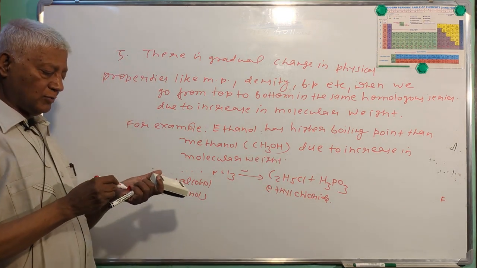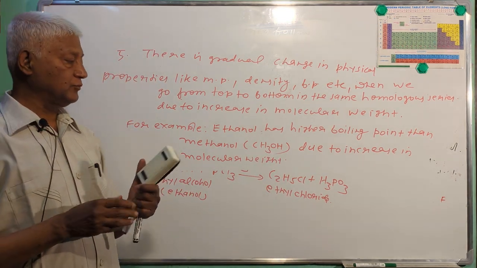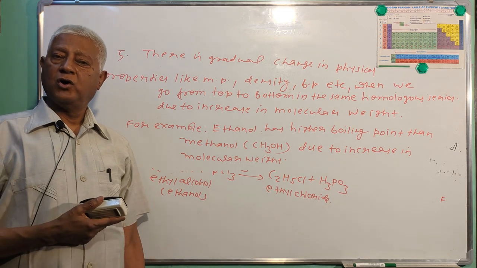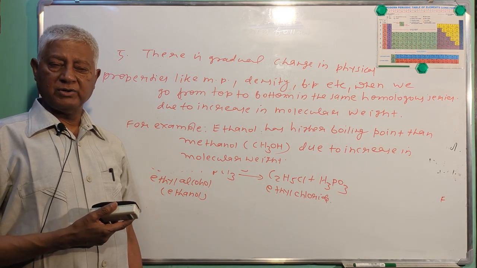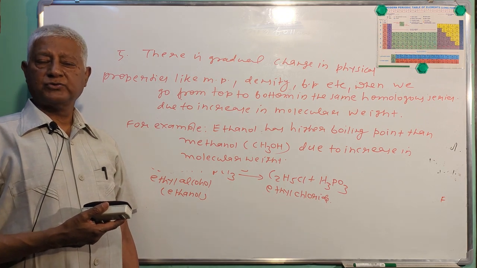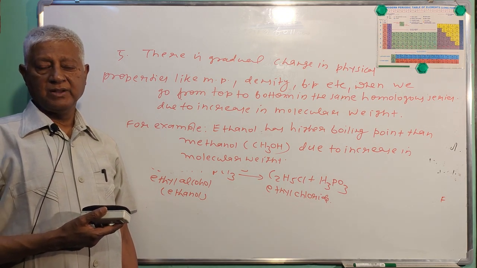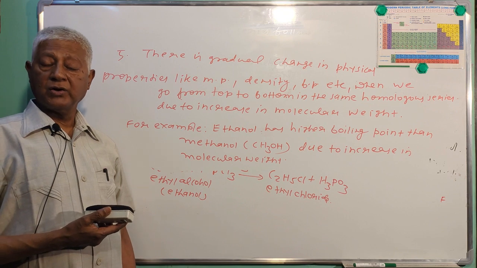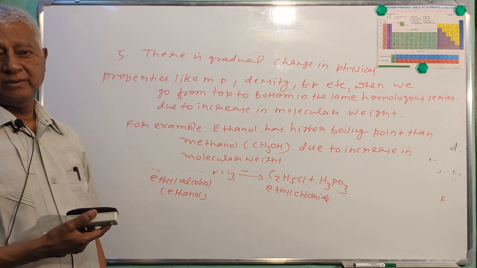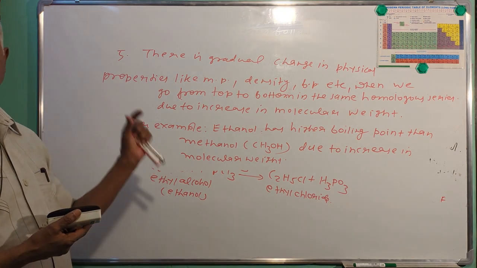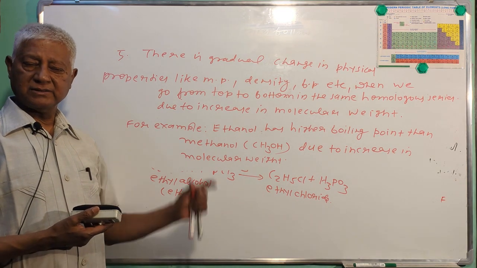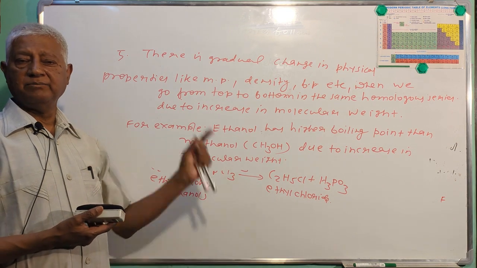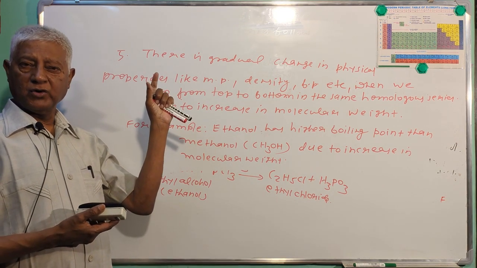So, when we talk about the homologous series, at first we have to know the definition of homologous series. Then we have to give a suitable example. Then we also have to define what is homolog and what is homology. Homology is the process. Homolog is the individual member of the homologous series. When we talk about the alkane, methane is one of the homologs.